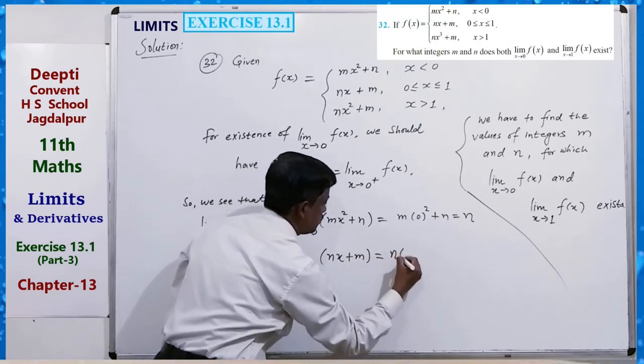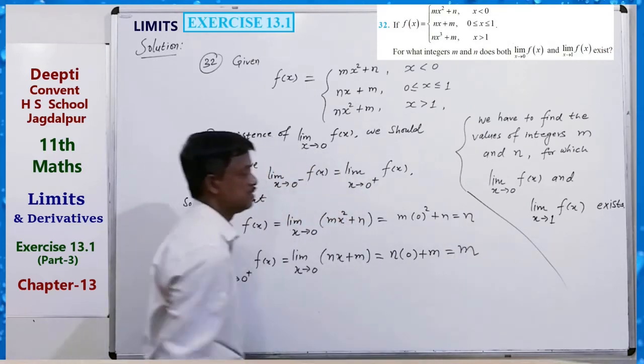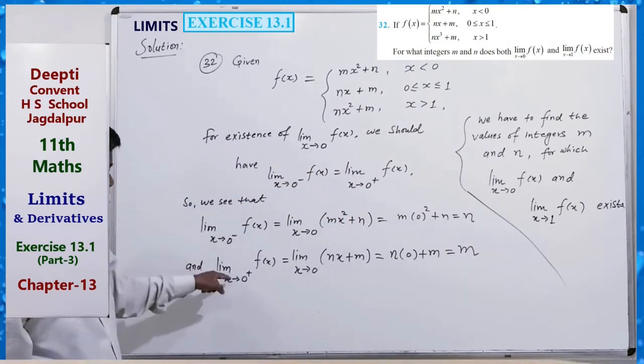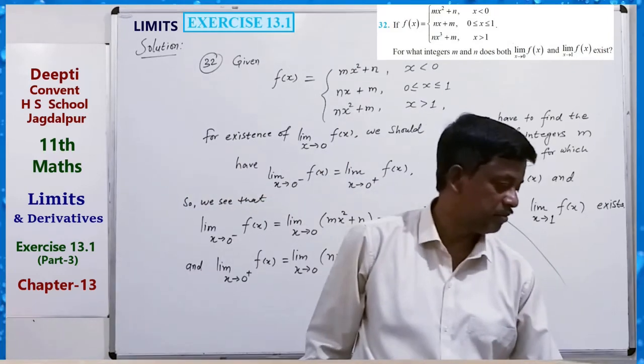That is n into 0 plus m equals m. So we get the left hand limit and right hand limit as n and m.